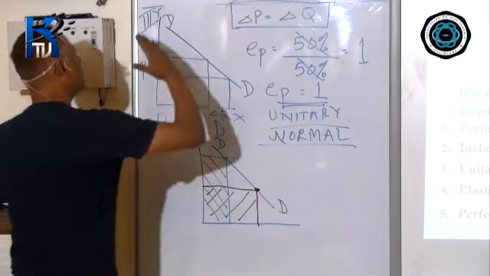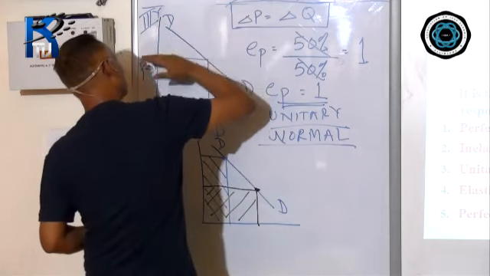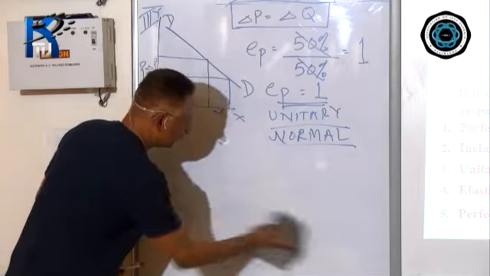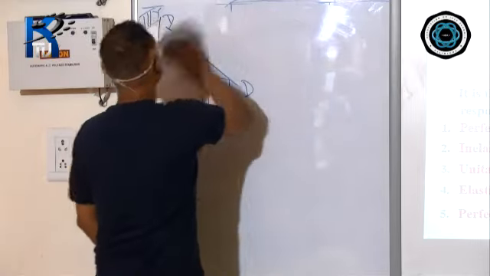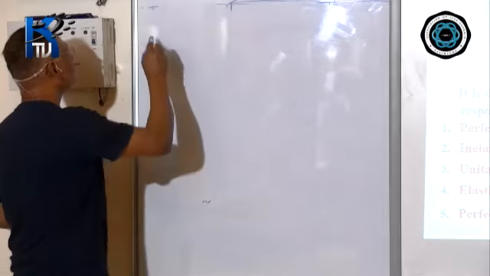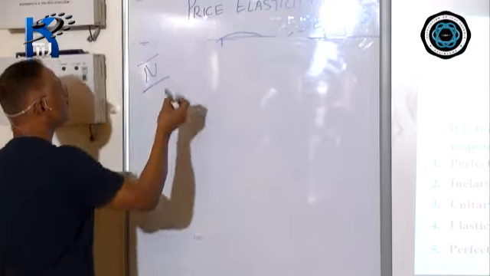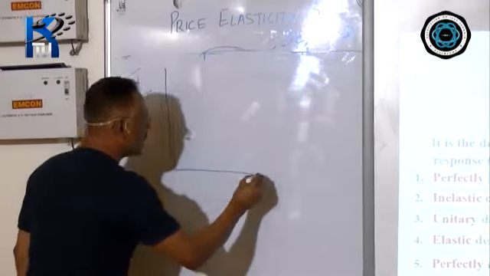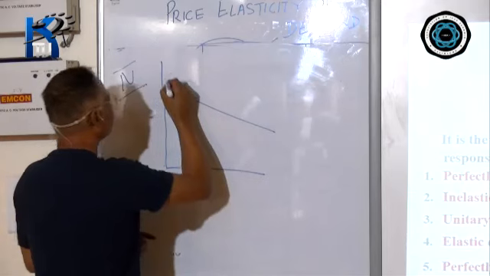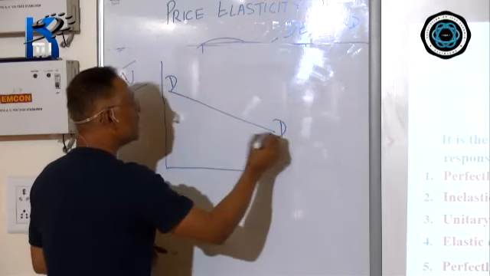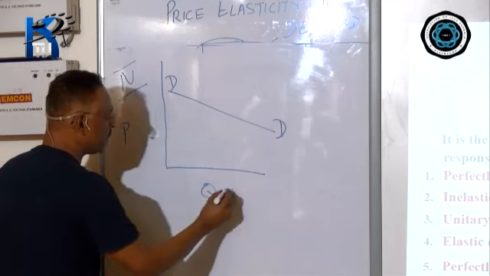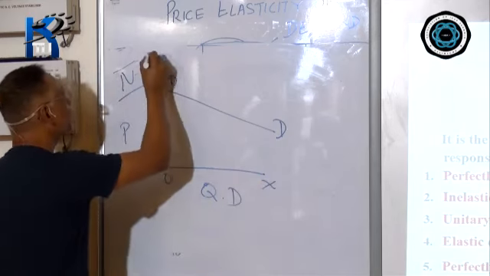After this, we make the demand curve fall more, and we get elastic demand curve. So the fourth one. Now we make the demand curve fall more inclined. This is the price, this is the quantity demanded, origin, x-axis, y-axis.